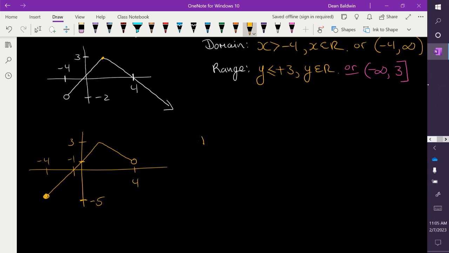Domain and range, please. I'm going to use, when I do it, I'll interchange, but usually interval notation is what's used.